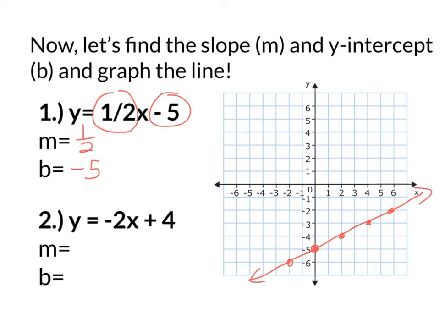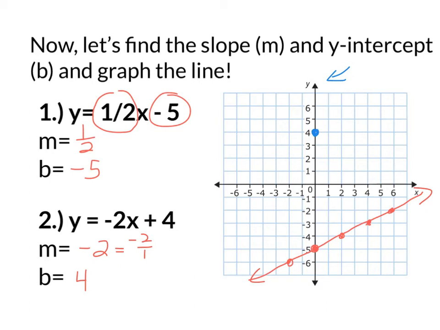Okay, now let's try the second one. We've got a slope of negative 2, which I'm going to write negative 2 over 1 because that's my rise and my run. And I'm going to start at positive 4. I'm going to also switch colors for this since I'm doing it on the same graph. I start at positive 4 as my y-intercept, because just like a football player intercepts, this line is going to intercept the y-axis at positive 4.